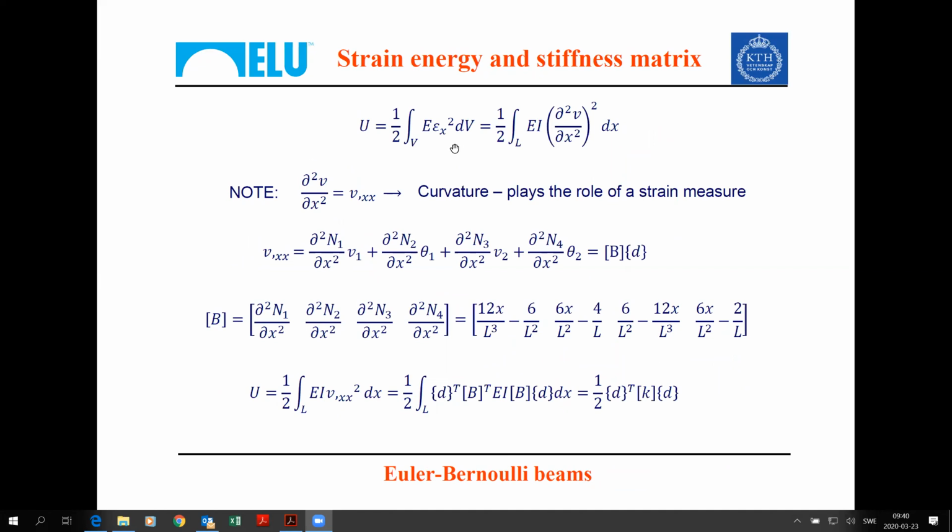Let's talk about the bar element. For the bar element, epsilon x was the first derivative of the axial displacement. So if we knew u of x, say, we could differentiate it once, and that was our epsilon.